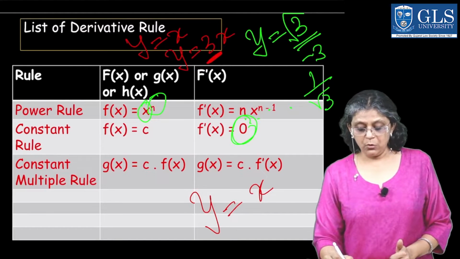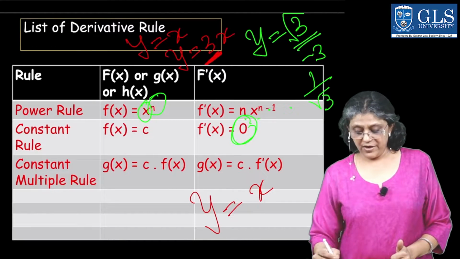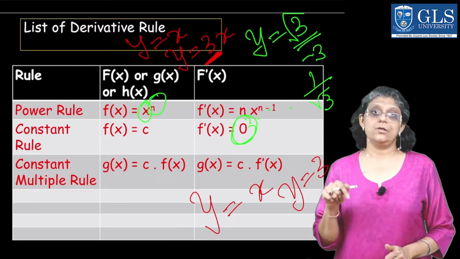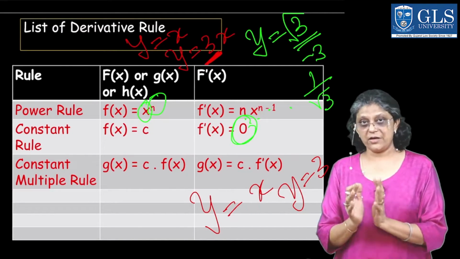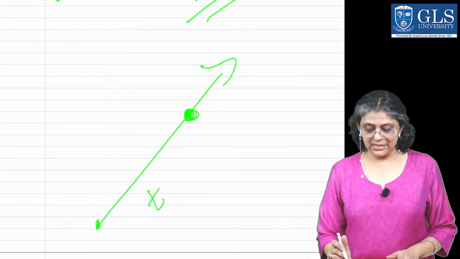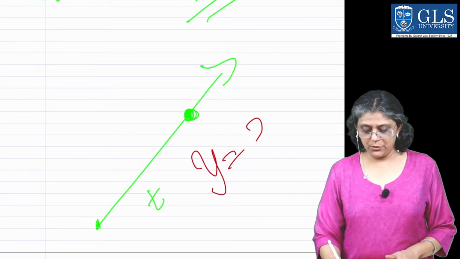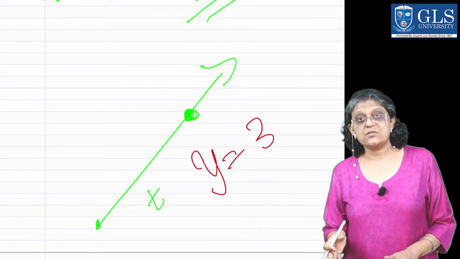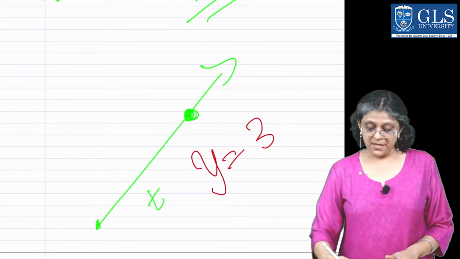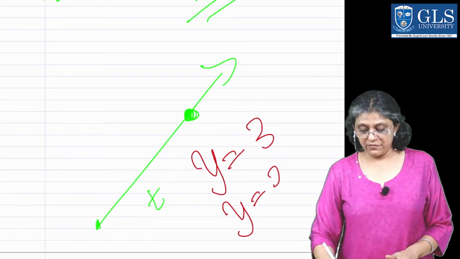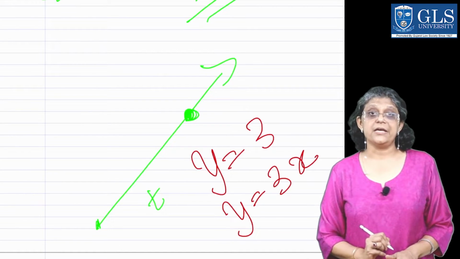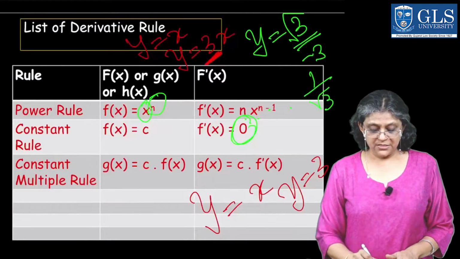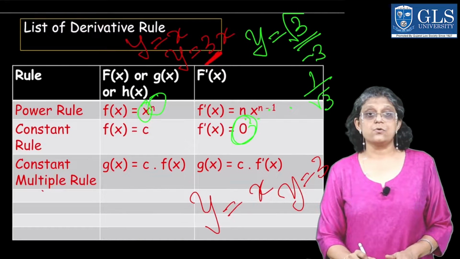So this is not only a constant, whereas if I say y is equal to 3, that is only a constant. Let me tell you again that y is equal to 3 is a constant. That means for all x values, the y value is 3. But there is a difference with y is equal to 3x. So this is the constant multiple rule.